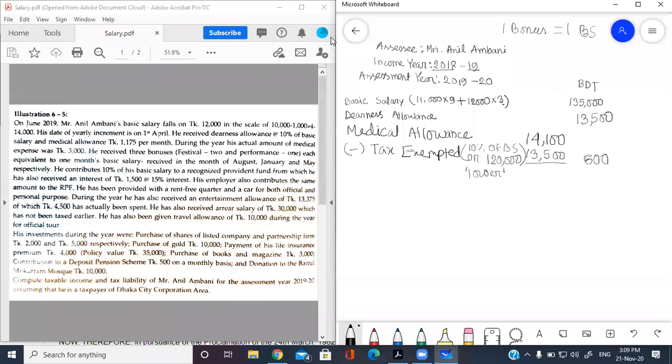Okay. So this person, Mr. Onil Ambani, our SSC, has received 3 bonuses in August, January, and May, respectively, in the income year in which you are calculating his taxable income.